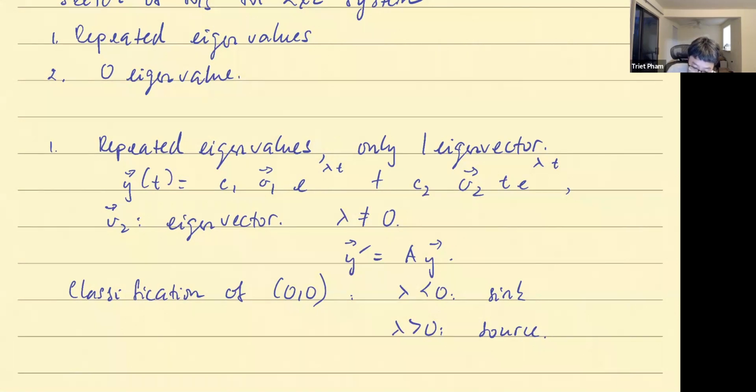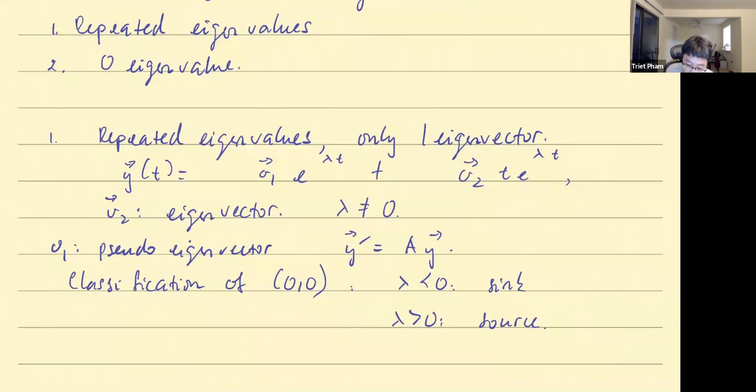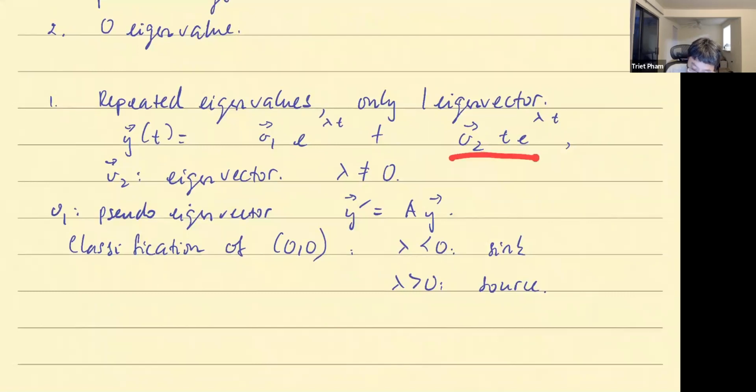Your solutions are composed of the two... wait, hold on. I still fall into a trap with C1, C2, sorry. There's no C1, C2. It's just this: V2 the eigenvector and V1 the pseudo eigenvector. So in this case, the straight line solution is this one.